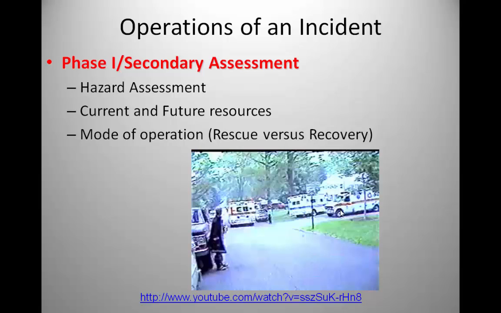And this is by no means an attack on Phoenix Fire Department. Again, 1984, this was 10 years prior to even a confined space standard being developed by OSHA, and it's probably one of the bigger ones that spiked a need for regulating this type of work.